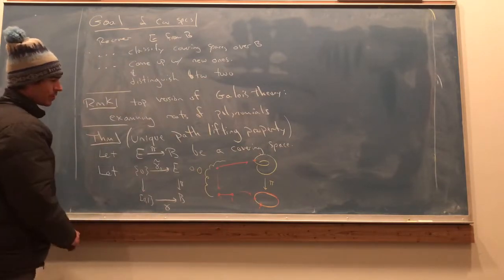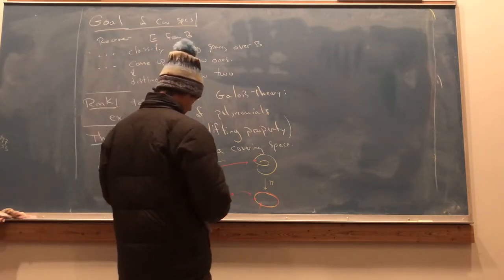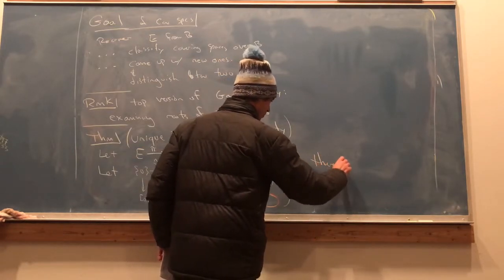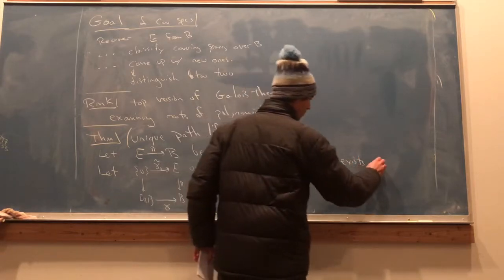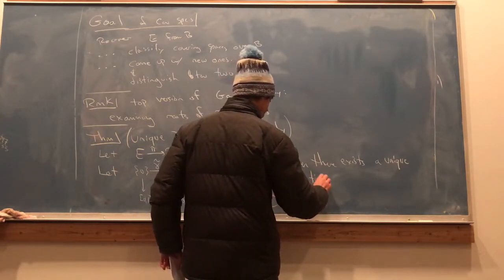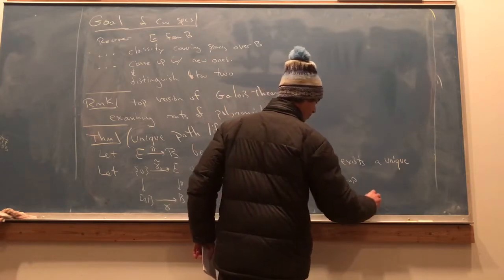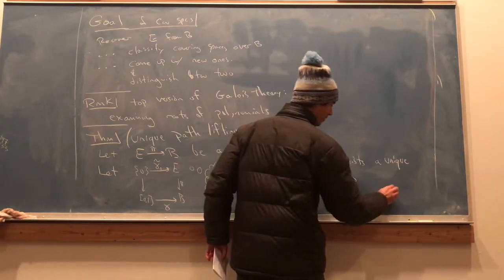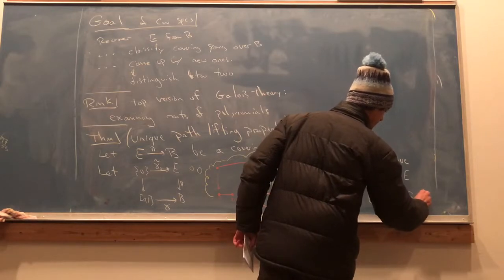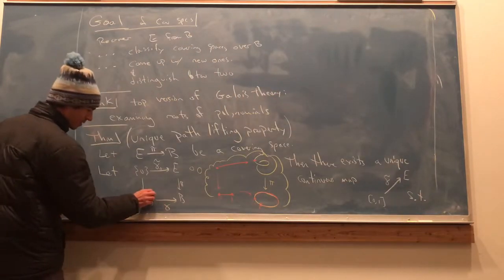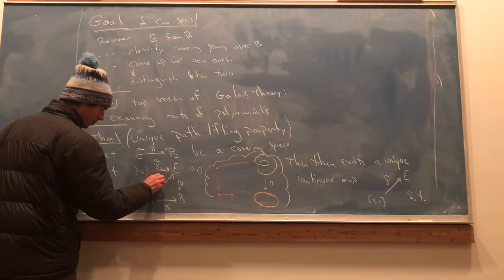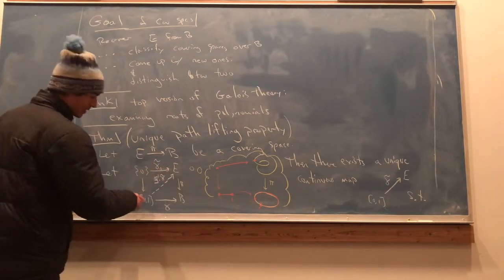So let this be a commutative diagram. Then there exists a unique continuous map from [0,1], call it gamma tilde, into capital E, not any old one, but such that this diagram commutes.